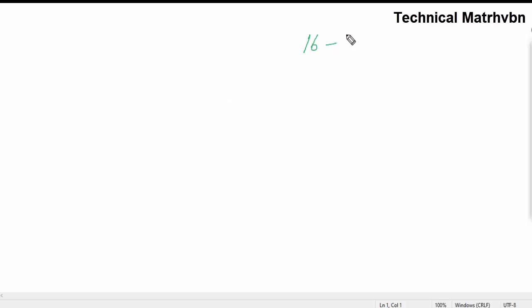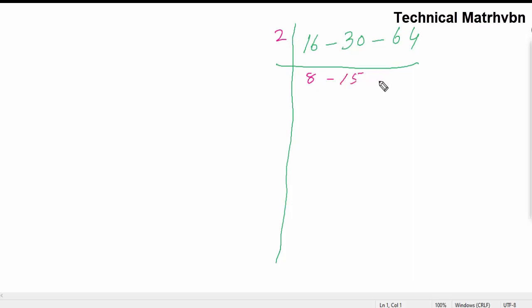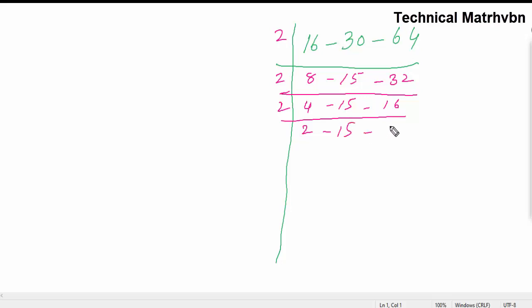Write 16, 30 and 64, and find the factors here. It is divisible by 2: 2 8s are 16, 2 15s are 30, 2 32s are 64. Again, 2 4s are 8, 15 as it is because it will not divide by 2, 2 16s are 32. Again 2 2s are 4, 15 as it is, 2 8s are 16.